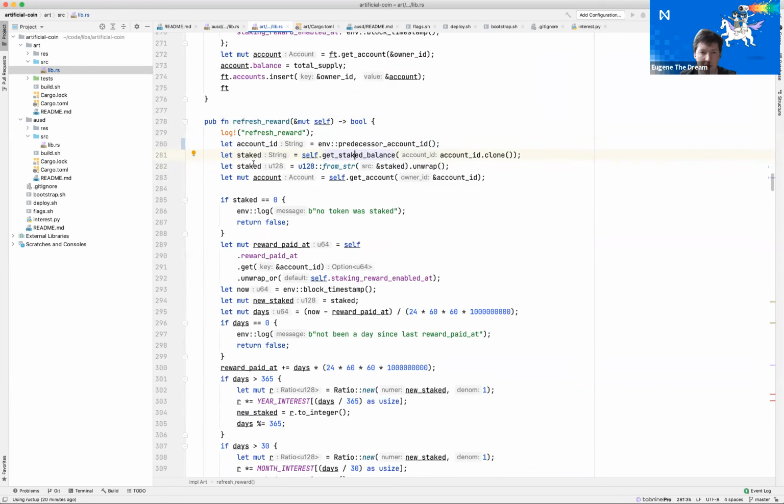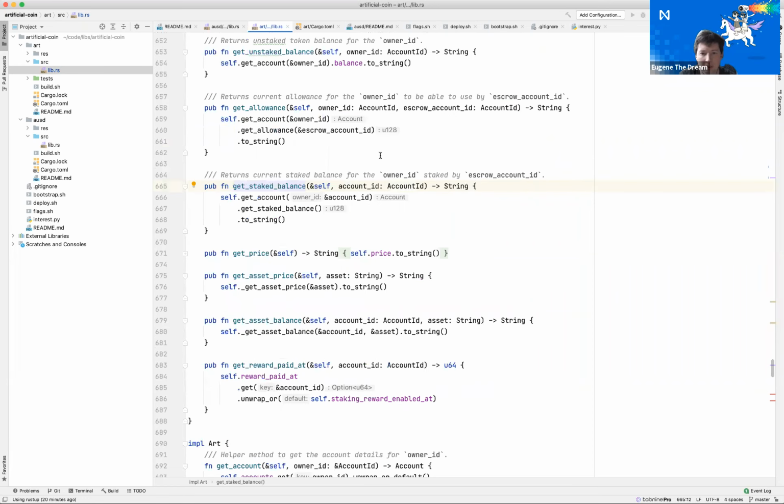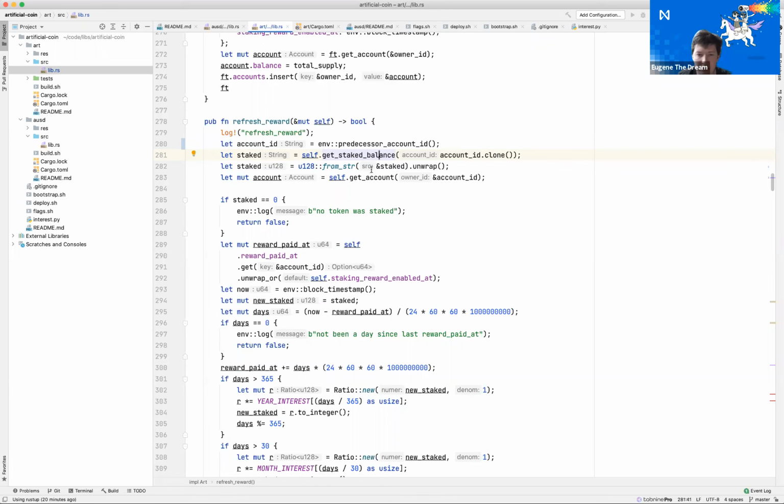Stake balance. Yeah, that's a bit weird. It can be improved using this capital U everywhere, so you don't need to parse it manually like this.